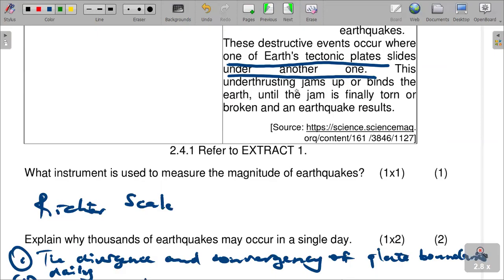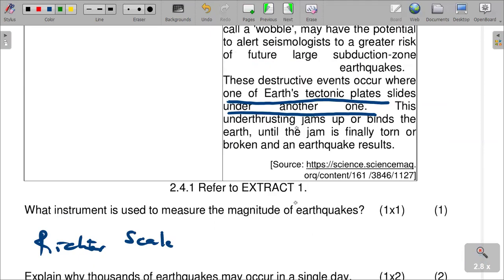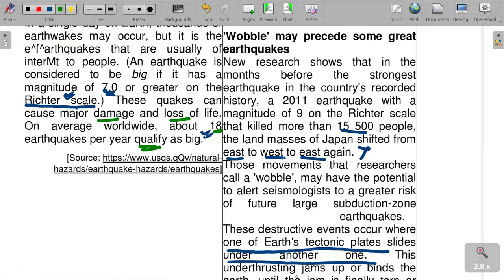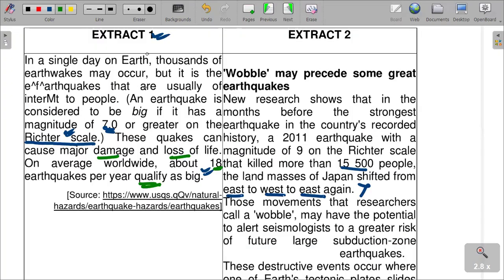The instrument that is used to measure the magnitude of an earthquake is the Richter scale. As found in the essay, the Richter scale is used to record the extent of an earthquake.